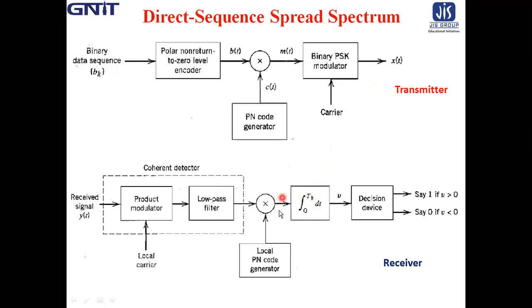This is the receiver, which consists of again two stages of demodulation. In the first stage, the received signal y(t) and a locally generated carrier are applied to a product modulator followed by a low pass filter whose bandwidth is equal to that of the original message signal, that is m(t).